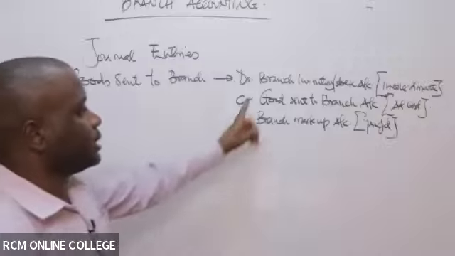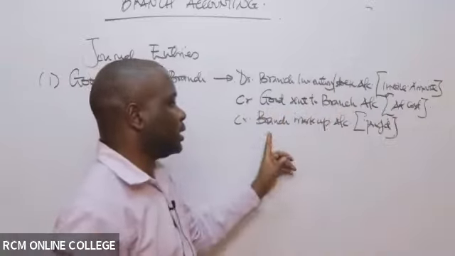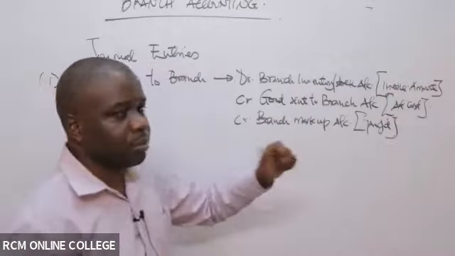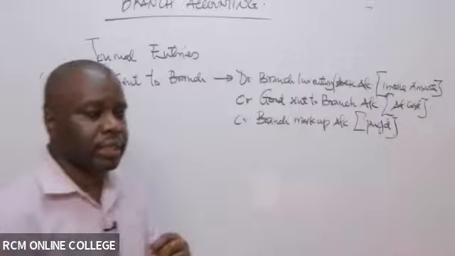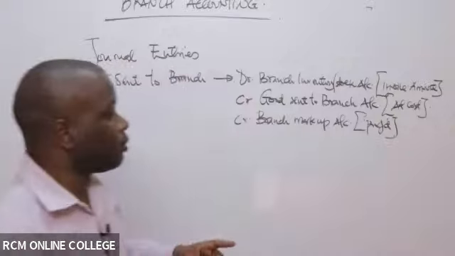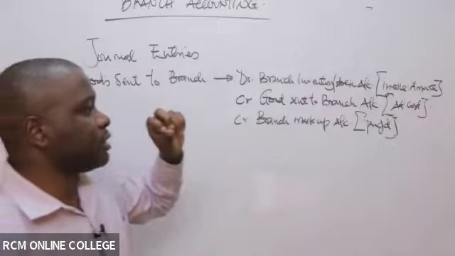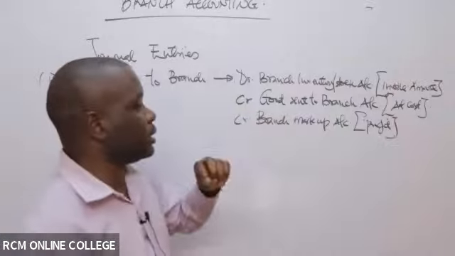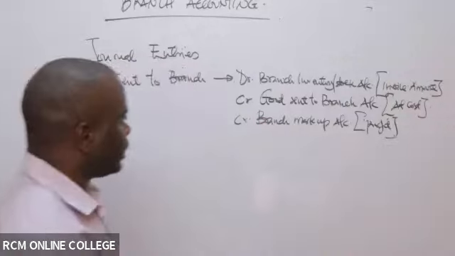You debit the branch inventory stock account, credit the goods sent to branch account, and credit the branch markup account. Remember, in the ledger accounts, you'll maintain a branch markup account that recognizes the profit element of the goods sent to the branch.